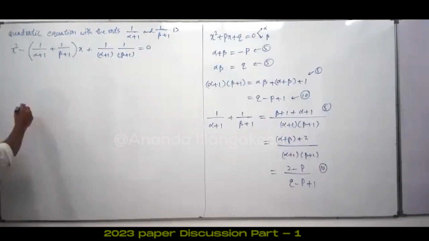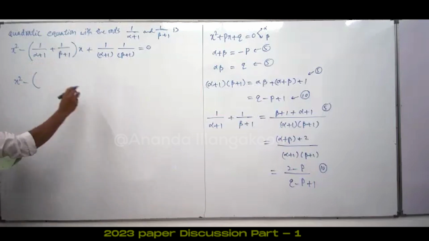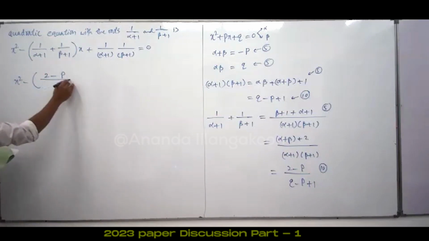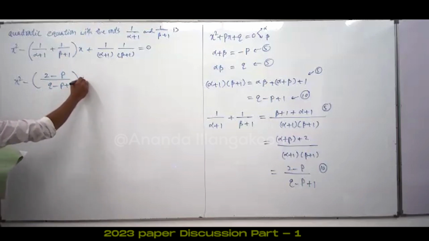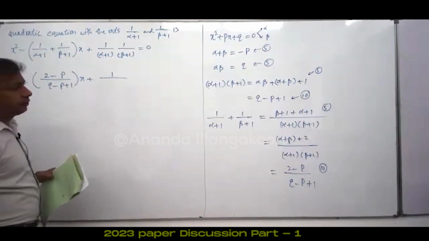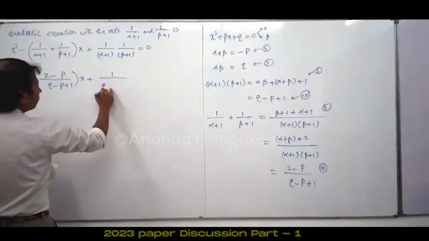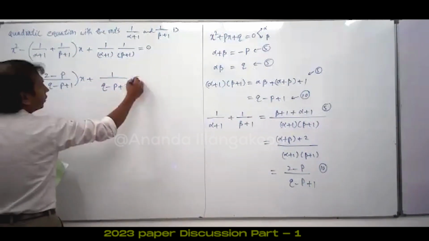And then we get x squared minus, for this sum I can write 2 minus p divided by q minus p plus 1, x. If this product, L plus 1, B plus 1 product, is this 2 minus p plus 1, equals 0.